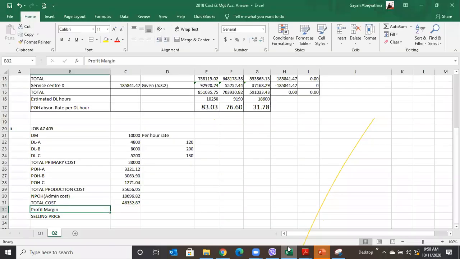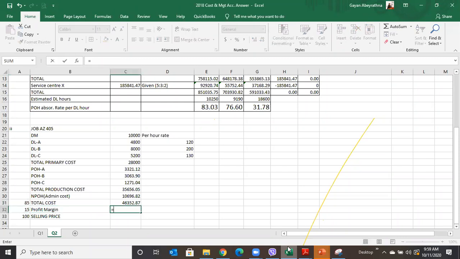So what about the cost? If the selling price is 100, profit margin should be 15, so the cost is 85. Then we can calculate profit margin: the total cost should be divided by 85 into 15.